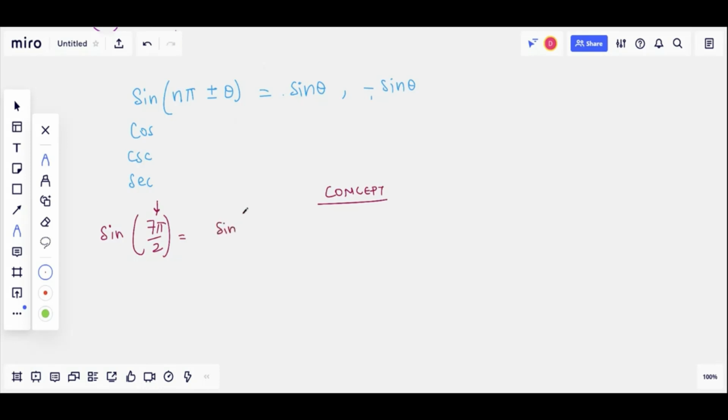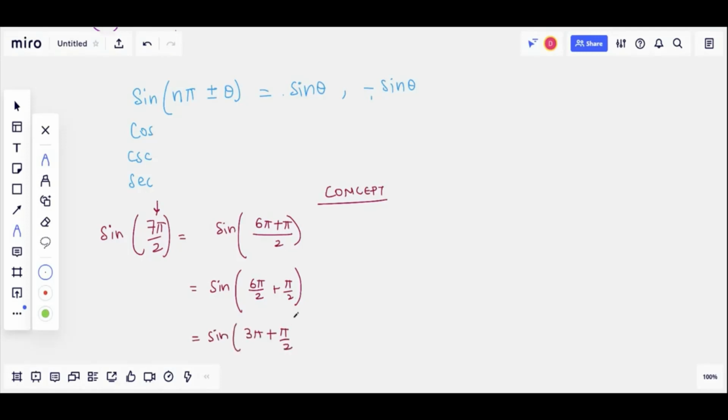Since we have over 2, I will write 7 pi as 6 pi plus pi. If I split these two, that will be 6 pi over 2 plus pi over 2. So this helps us write this as 3 pi plus pi over 2.